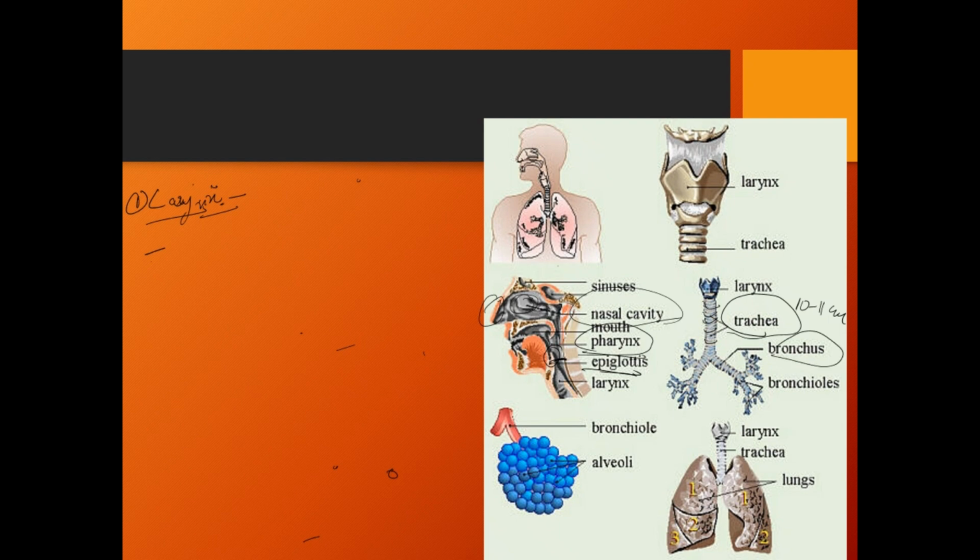Here you can see the bronchus. The trachea is extended to the bronchus. Now this trachea divides into two further parts, the left bronchus and the right bronchus. The left bronchus is somewhat narrower than the right, and slightly more horizontal in comparison to the right.